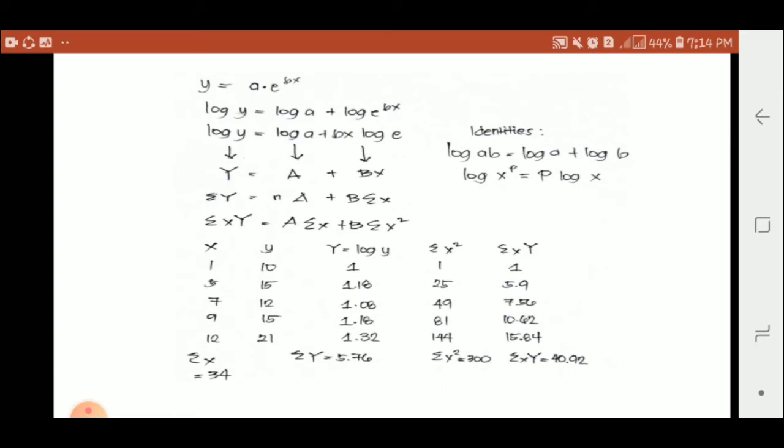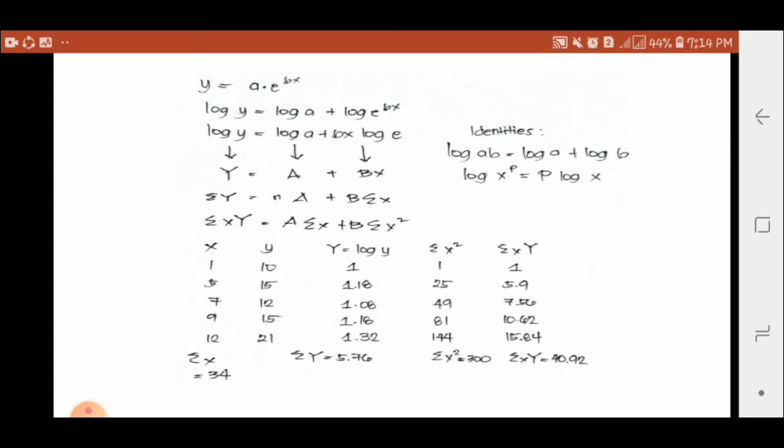Based on the data presented in the problem, the independent variable is 1, 5, 7, 9, 12, and the dependent variable is 10, 15, 12, 15, 21. We can solve for the big letter Y, which equals log y. This is the only difference from the straight line, where you simply compute the summation of x squared and summation of xy. But in the exponential form, we need to find the value of big letter Y, which is log y.